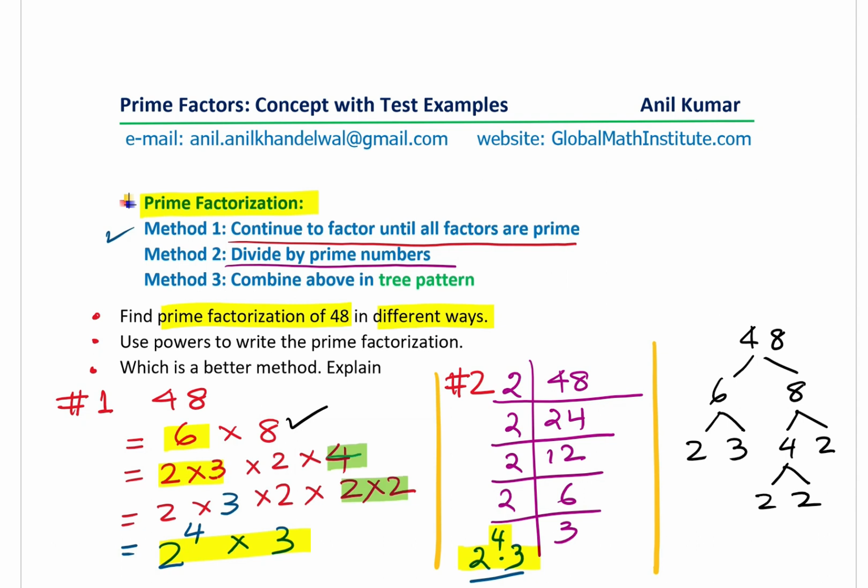So it is kind of division but shown in a different way. And again, the end points are the terms which are prime numbers. And so the process is complete for us. And we can now write 48 as a product of 2 times 2 times 2 times 2, four twos, and 3. And we get our result.